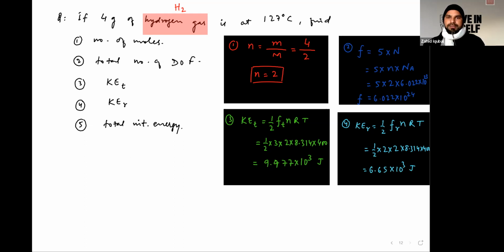Now at last, the total internal energy is nothing but the kinetic energy due to the translational part plus the kinetic energy due to the rotational part. Just add them.